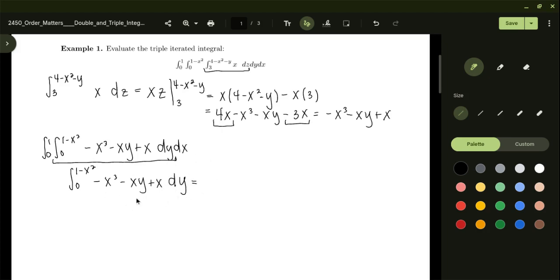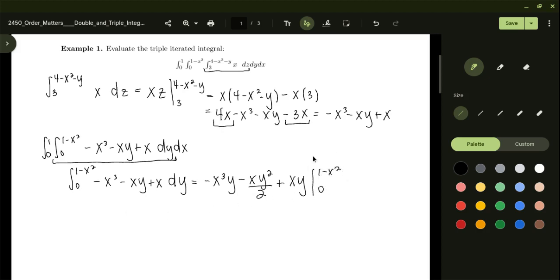Integrating with respect to y, we get negative x cubed y minus xy squared over 2. Here we're just using the power rule as we evaluate this integral from 0 to 1 minus x squared.